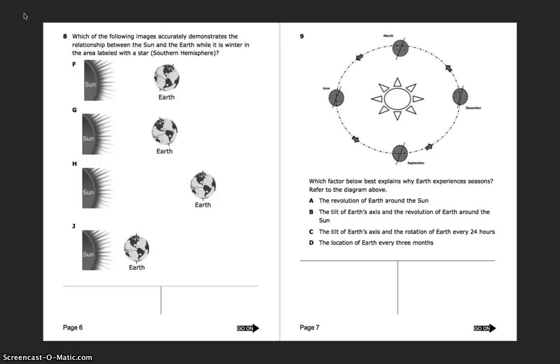Refer to the diagram above. A. The revolution of Earth around the sun. B. The tilt of the Earth's axis and the revolution of Earth around the sun. C. The tilt of Earth's axis and the rotation of Earth every 24 hours. D. The location of Earth every 3 months.